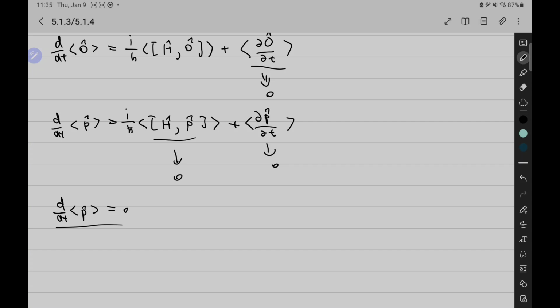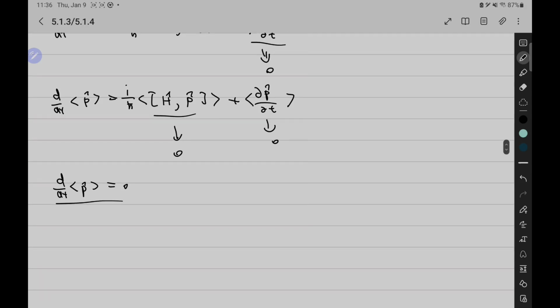What does this mean? This means that our exchange operator is constant in time. It implies the symmetry of the wave function under exchange is preserved over time. In other words, as time goes on, this exchange operator does not change. That is just the property of our exchange operator.